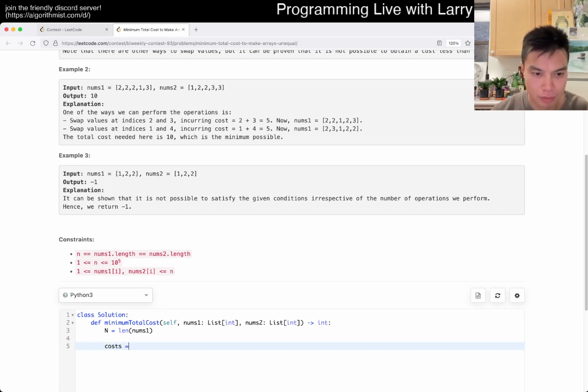Like I said, so that is the minimum cost.